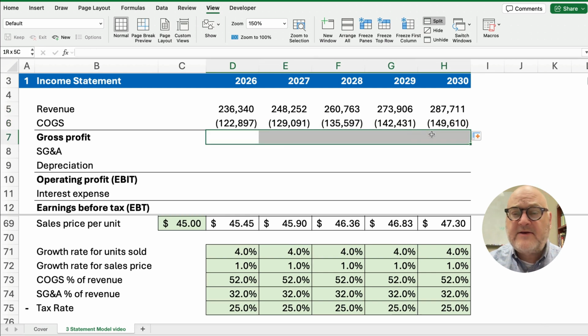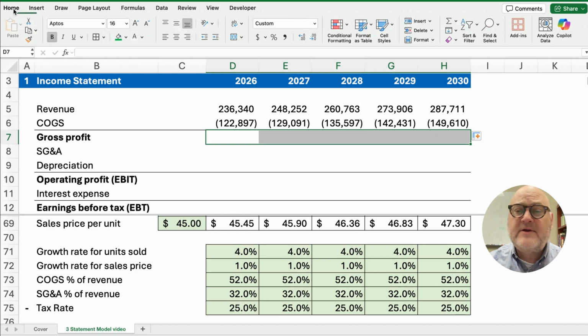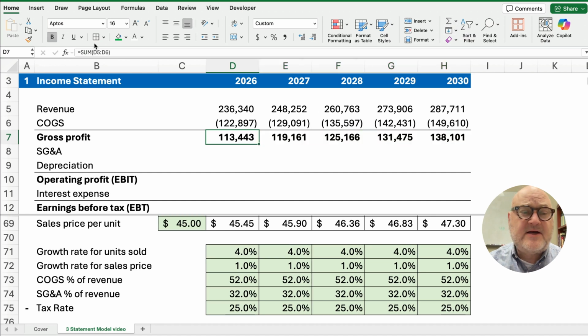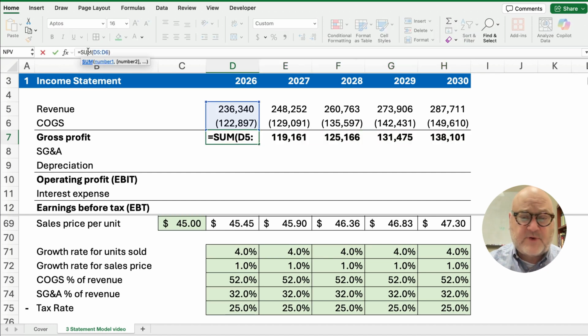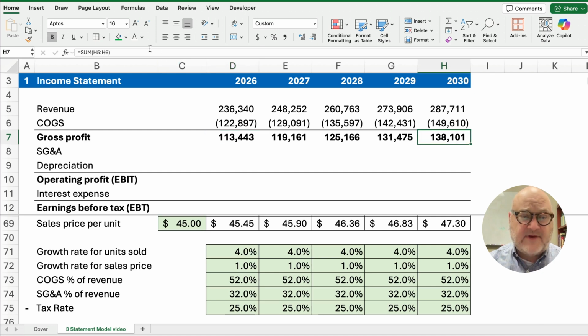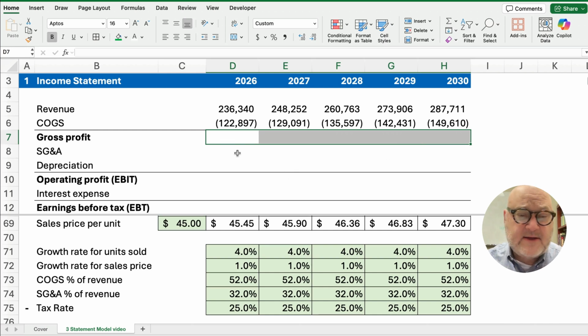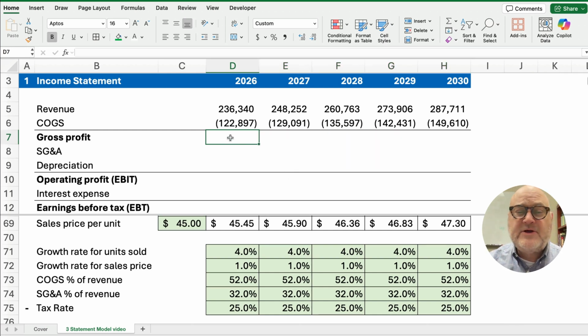Now, one thing I can do is I can use a shortcut. If I go to the home ribbon, then I can use the AutoSum, and I can do that, and that gives me the sum of each of those columns, which is pretty amazing. Right here, the sum of that column. There's a shorter way, there's a shortcut. If you've been around me, you probably know what I'm going to say. What you could do is you could use a keyboard shortcut.